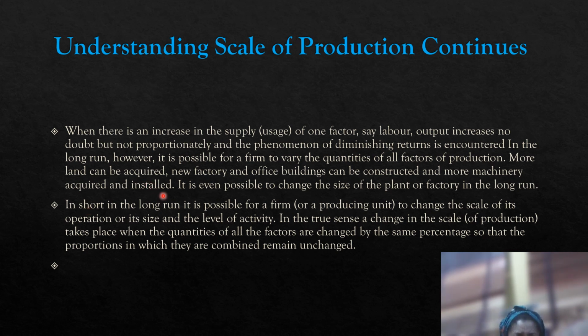So as I said, factors of production, they are all capital: labor, land, and the likes are all capital of production. It is even possible to change the size of the plant or factory in the long run.